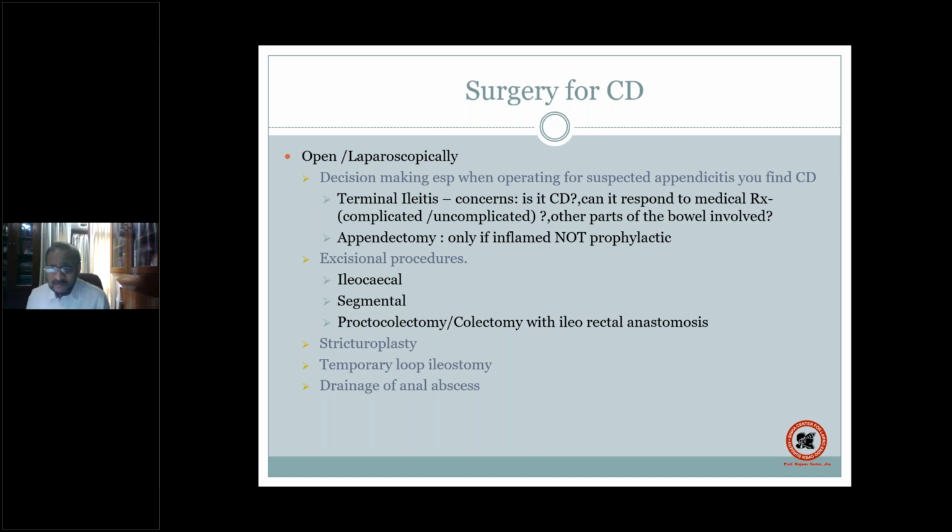Then look at the other parts of the bowel, whether it is only a localized segment involvement or multiple segment involvement. So these are the concerns when you have a terminal ileitis popping up in your face in a patient where you have done surgery for appendicitis and you don't find appendicitis and you find probably suspected Crohn's disease.